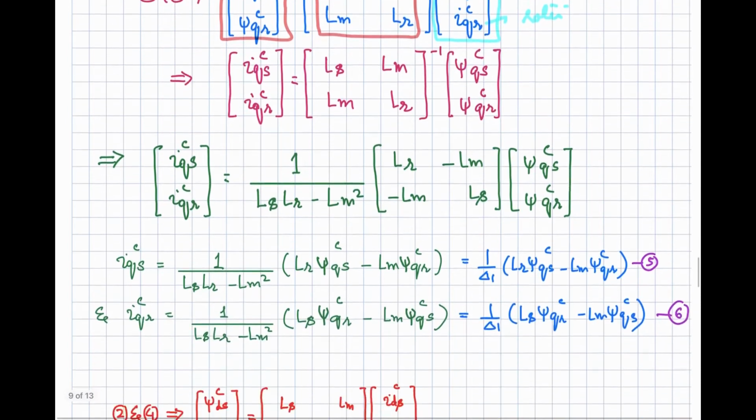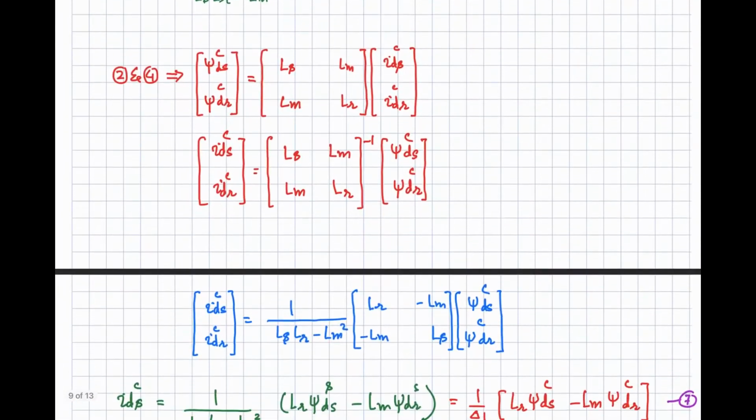So considering equations 2 and 4, the flux of the d-axis will be equal to this matrix into the currents of the d-axis, where IDS is the stator current and IDR is the rotor current.